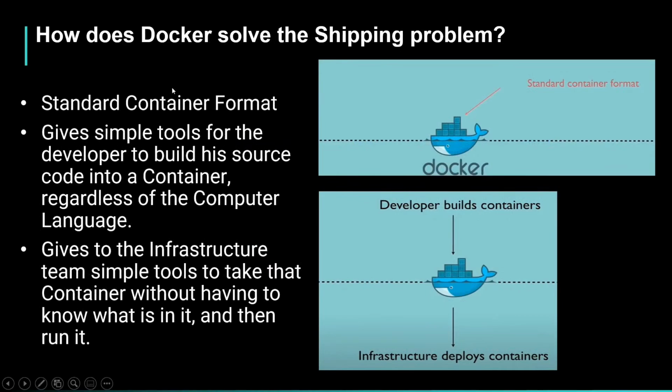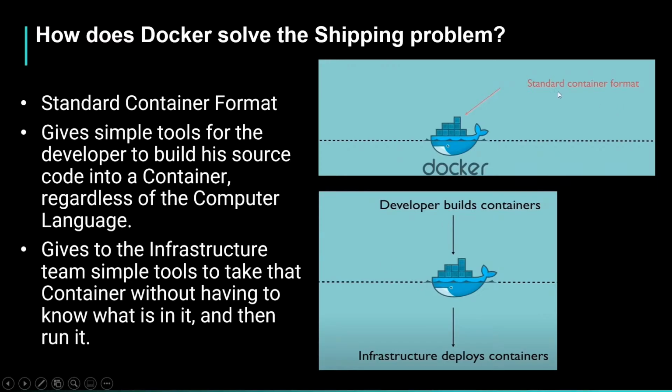So how did Docker solve the shipping problem? As the shipping industry did, they created a standard container format, and this gives simple tools for the developer to build his source code into a container regardless of the computer language, and gives the infrastructure team simple tools to take that container without having to know what's in it and then run it.